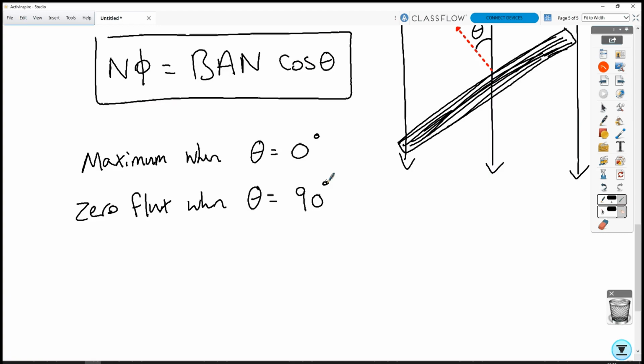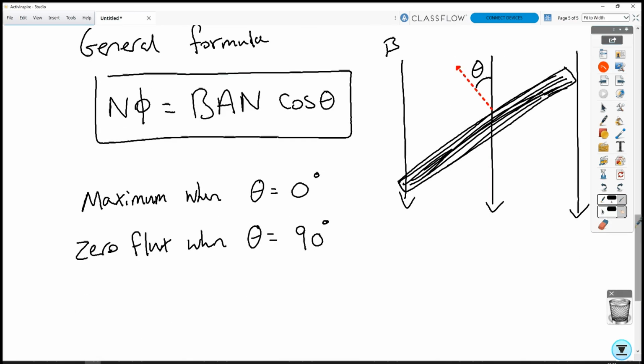You can do it through Fleming's left-hand rule, but another way is you just look at how much flux is passing through the coil of wire. Now, if I have it at 0 degrees, then you can see the original diagram I drew above. All of the flux passes through the coil.